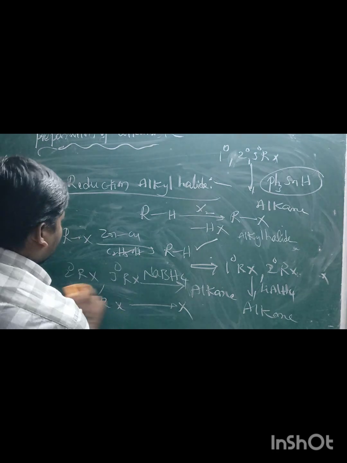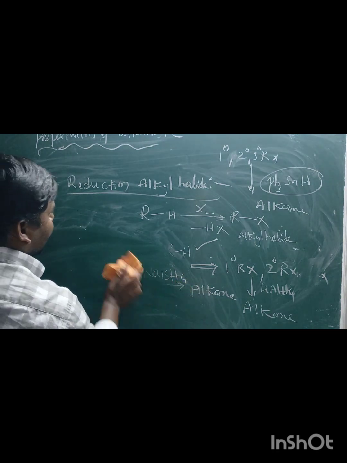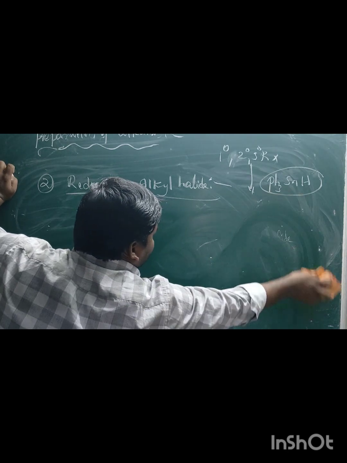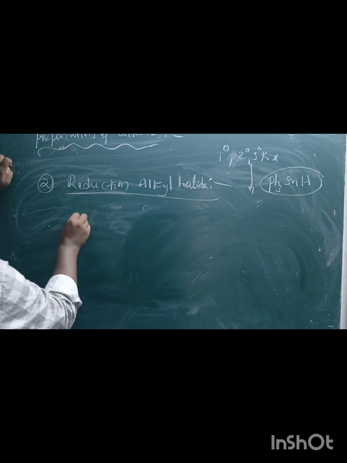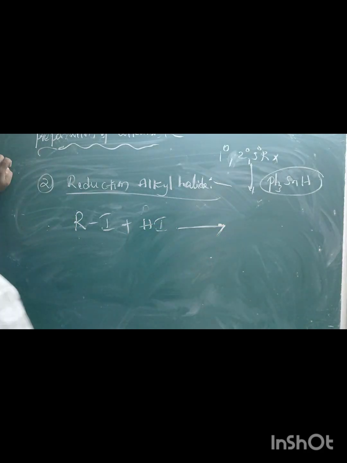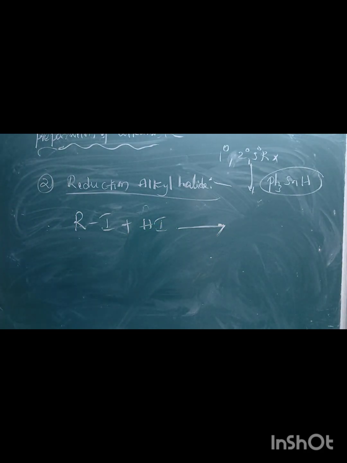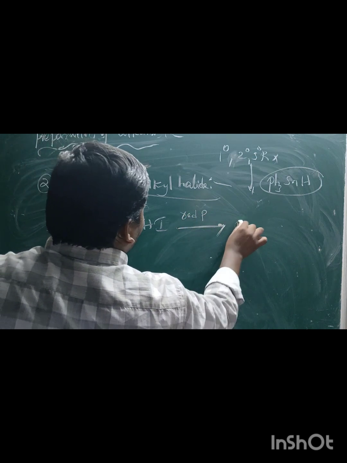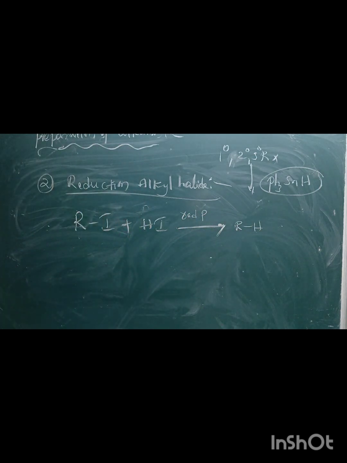Simply, alkyl iodides react with hydrogen iodide in the presence of red phosphorus to form an alkane as well as iodine.